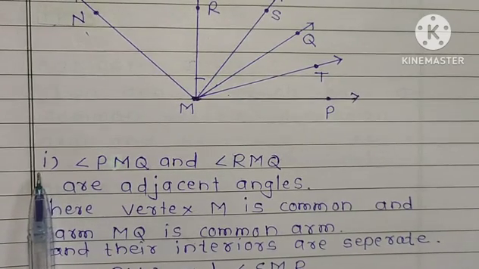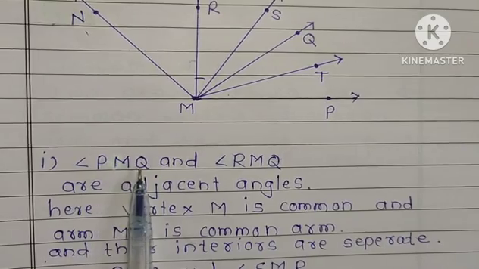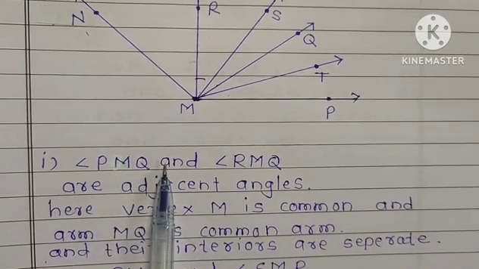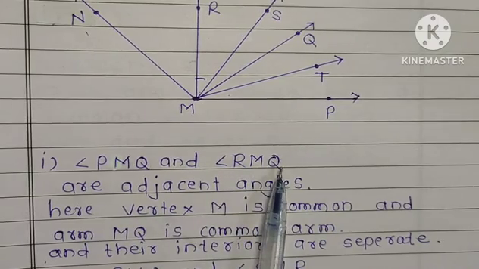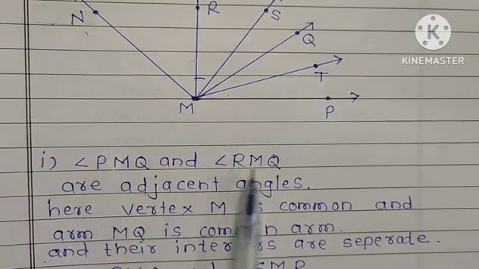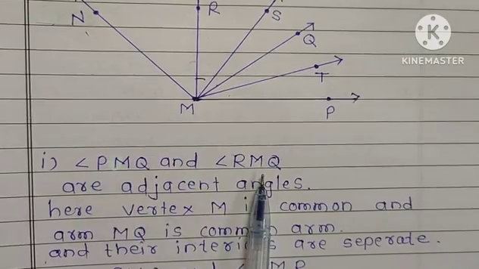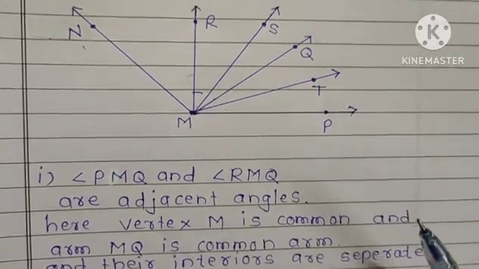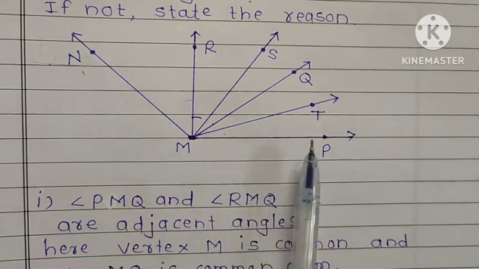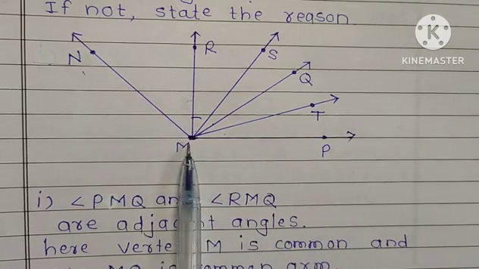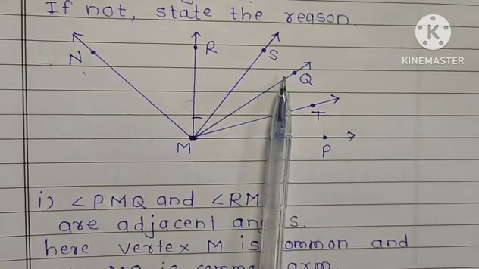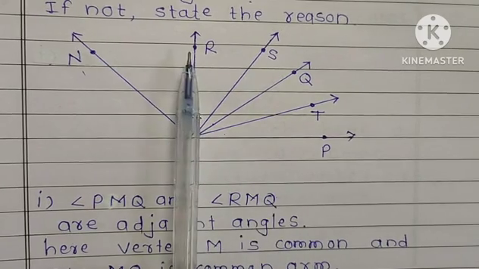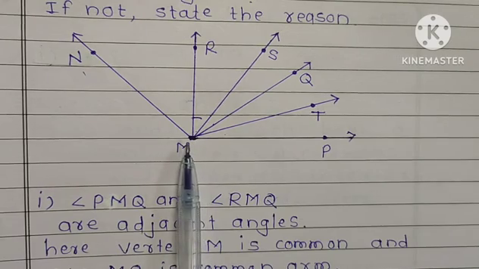1. Angle PMQ and angle RMQ. So these two angles, that means this pair, are adjacent angles or not. See, angle PMQ and angle RMQ.